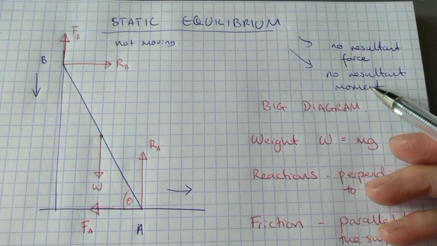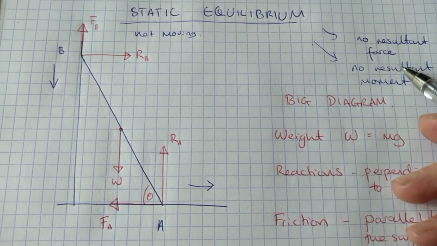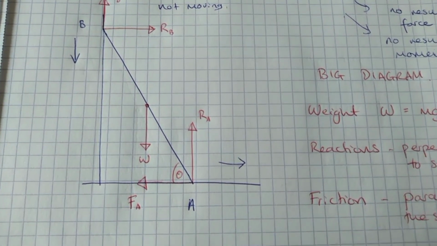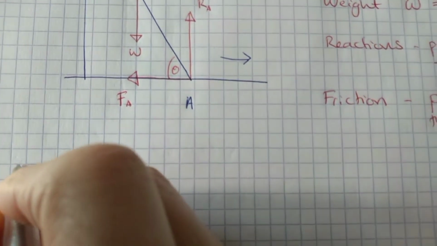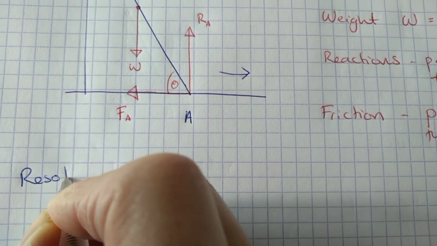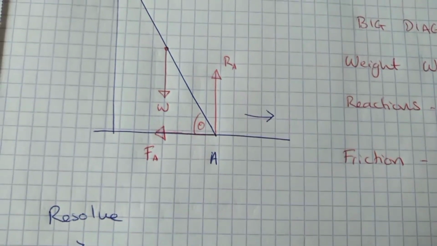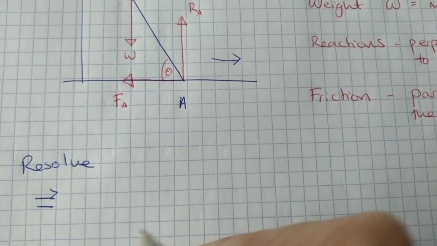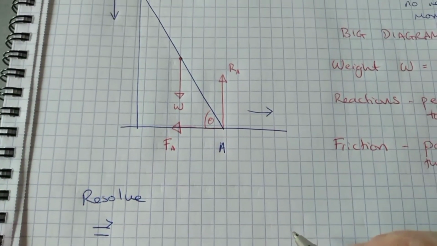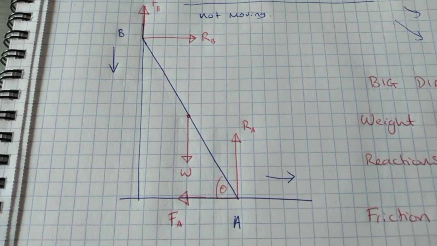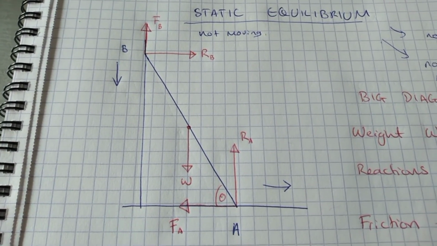And this is just balancing out the forces. What's nice about resolving here is that although the ladder is at an angle, all the forces are either horizontal or vertical. So if we look at all the horizontal ones, we've got RB and FA. So that's all we've got. So RB is equal to FA.